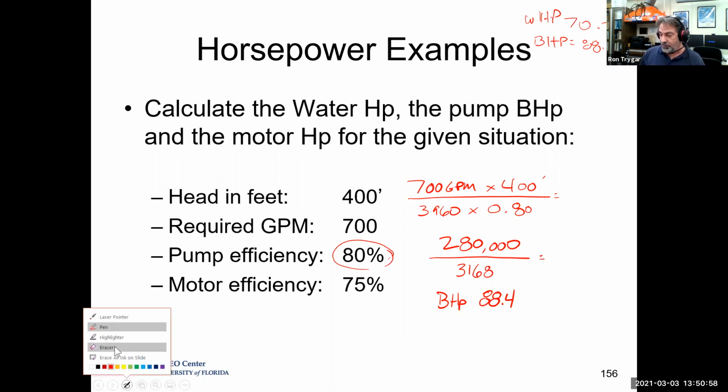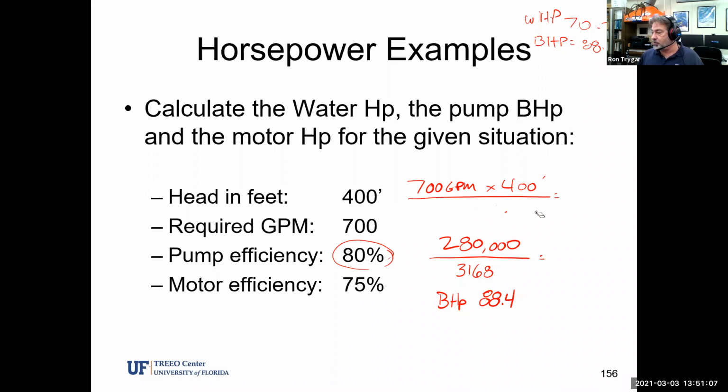And here's what I want to do to expedite this a little bit. Remember that all three formulas use the same numerator, the top part. So we don't actually have to do a whole bunch of extra work to do the last one, the motor horsepower. We can keep the 700 gallons per minute multiplied by 400 feet, which comes out to be 280,000.